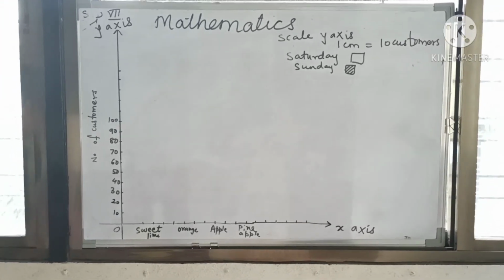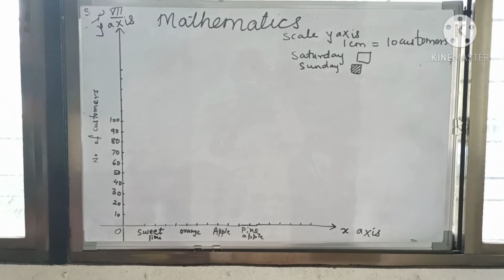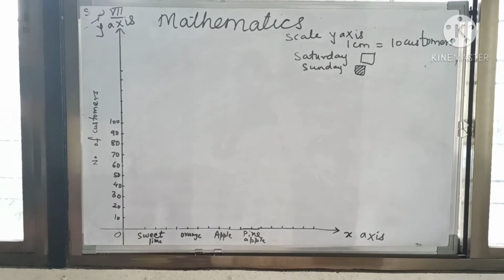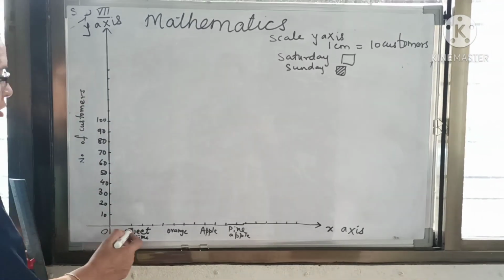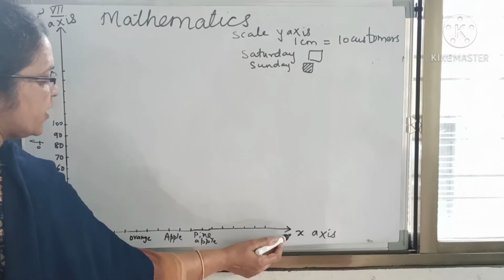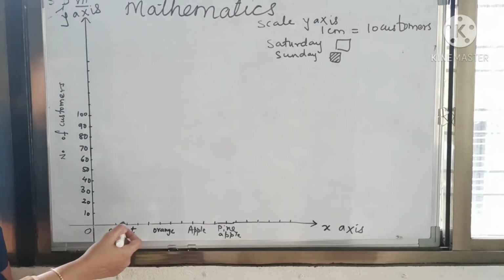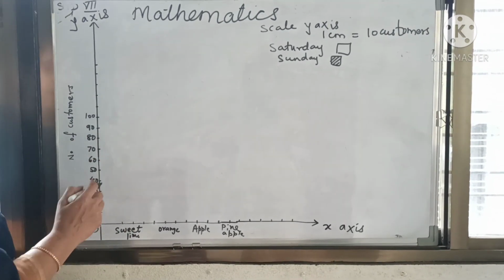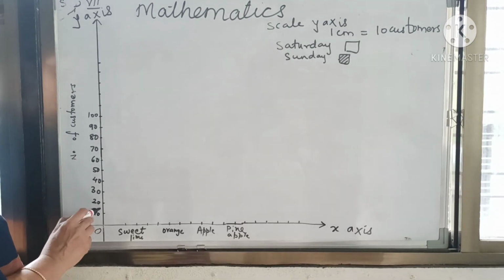The number of people drinking the juice of sweet lime on Saturday is 43 and Sunday is 59. So here I have done the markings on the x-axis. These markings are there on the graph paper at equal distances of 1 centimeter, and on the y-axis I have taken 1 centimeter is equal to 10 customers.